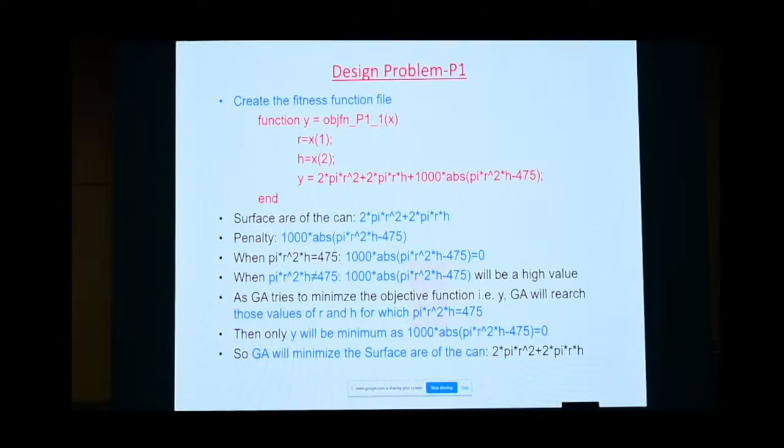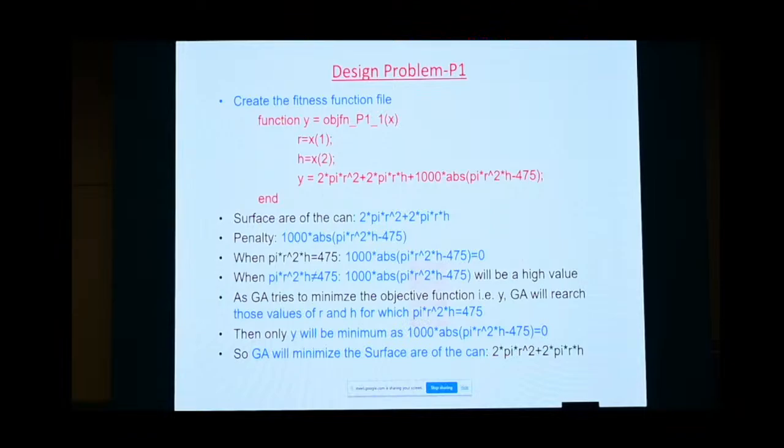Whenever pi r square h is equal to 475, that part will be 0. When it is not equal to 0, it will be a high value because you are multiplying by 1000. Because GA tries to minimize the objective function, GA will search only those values of r and h where that part is minimum.